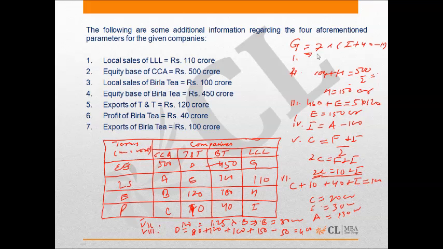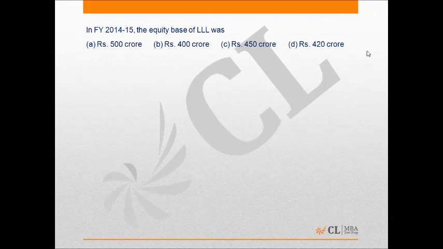From here Z comes out to be 420 crore. So now we have the value of all the unknowns that we earlier had in the table. So now we can answer all the questions based on the given information.